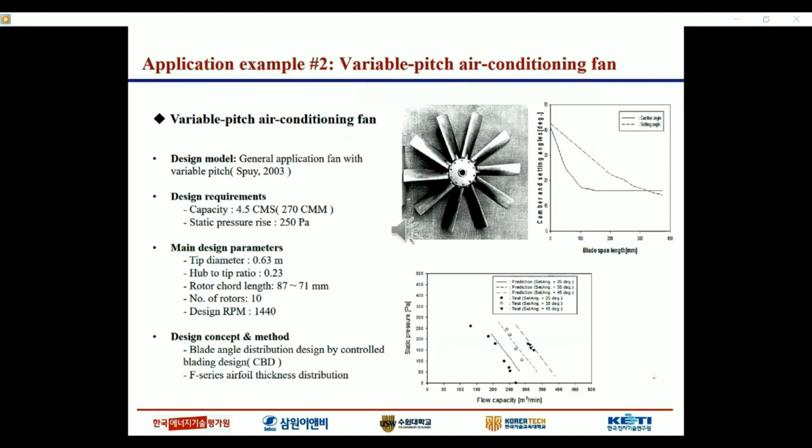Another example of the Fandas code application is the general application fan, which is used in air conditioning systems. You can see the design requirements and the main design parameters. Design flow capacity is 270 cmm. Design pressure is 250 Pascal.